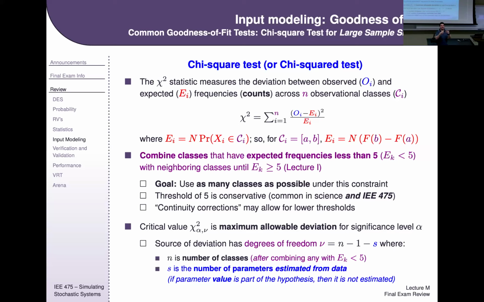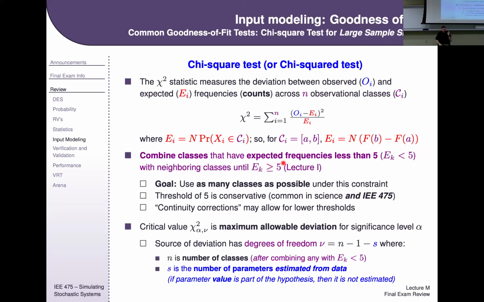And then you use that. So you're going to produce fewer and fewer bins as you move toward this requirement of the expected count being greater than or equal to 5. You want to use as many bins as possible, as many classes as possible, while still meeting that requirement.